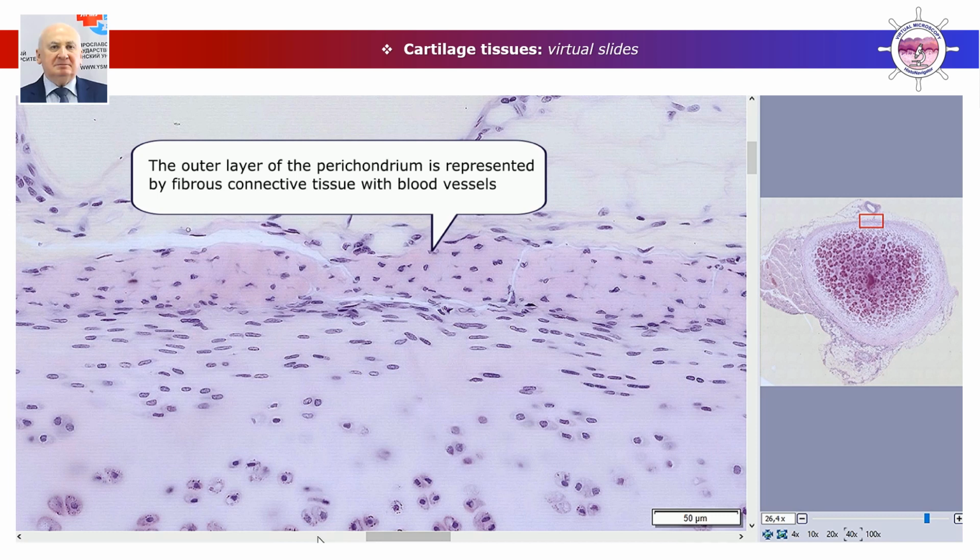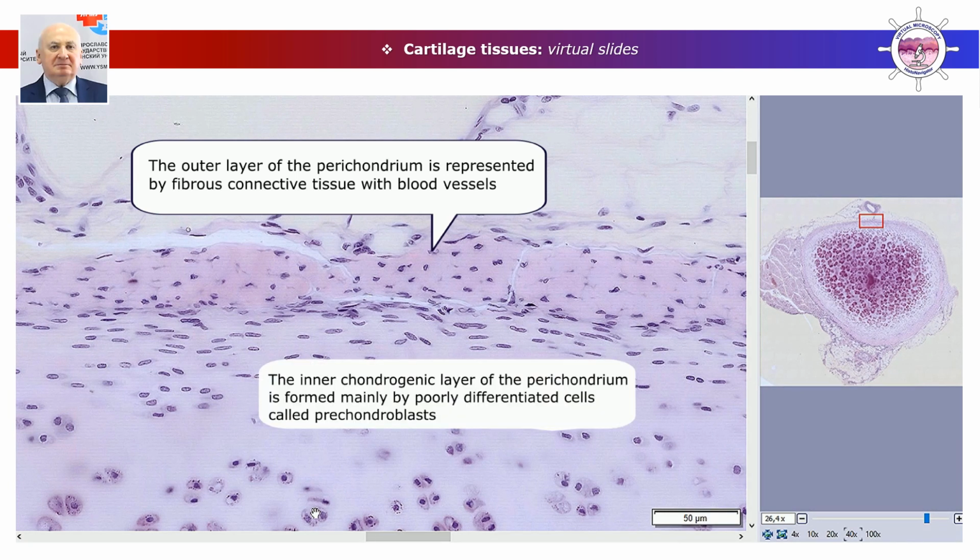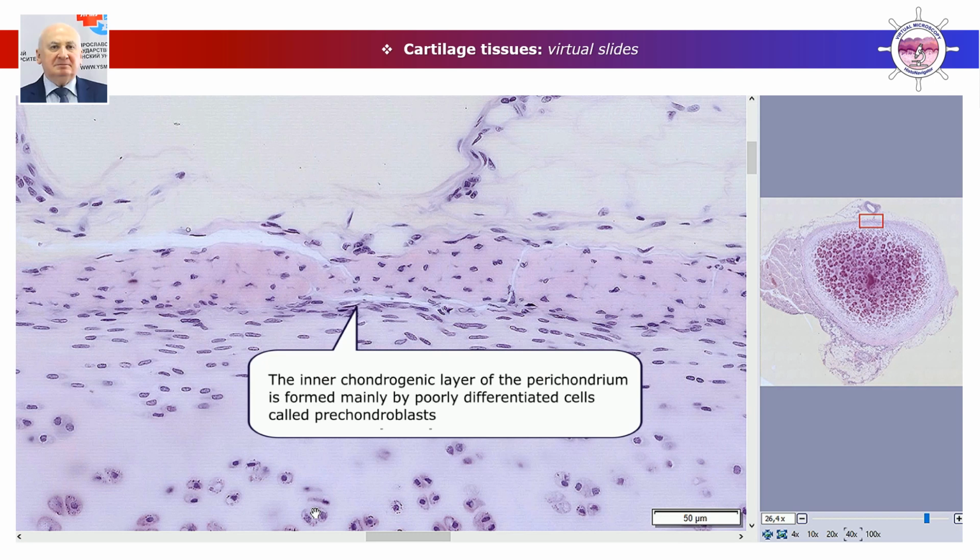The outer layer of the perichondrium is represented by fibrous connective tissue with blood vessels. The inner layer of the perichondrium is formed mainly by poorly differentiated cells called prechondroblasts.